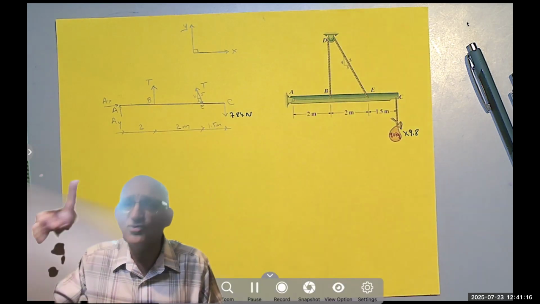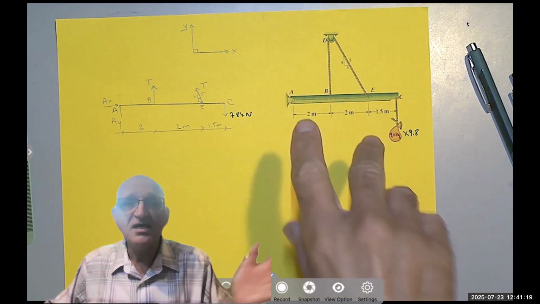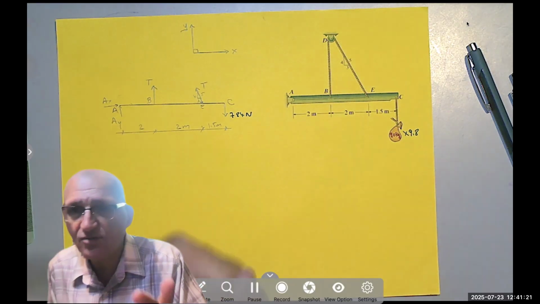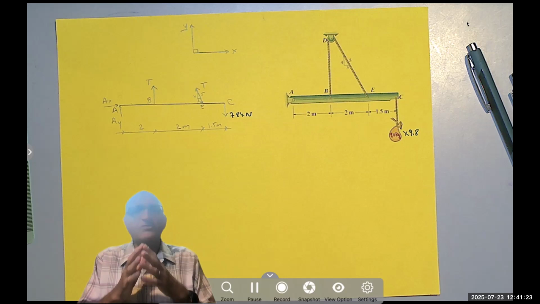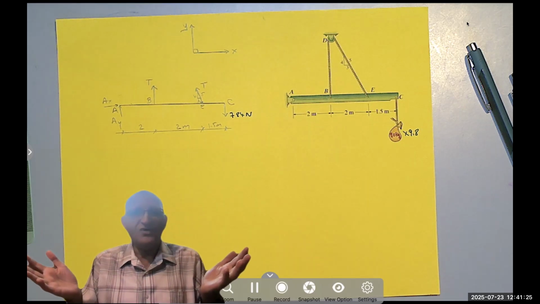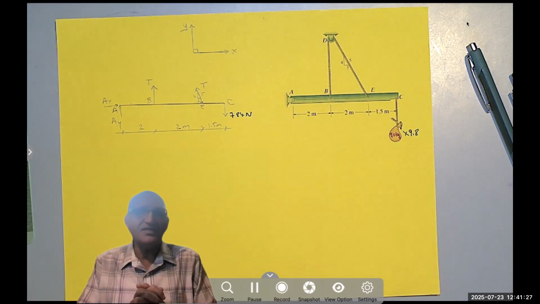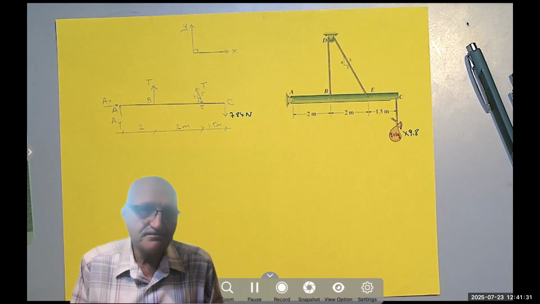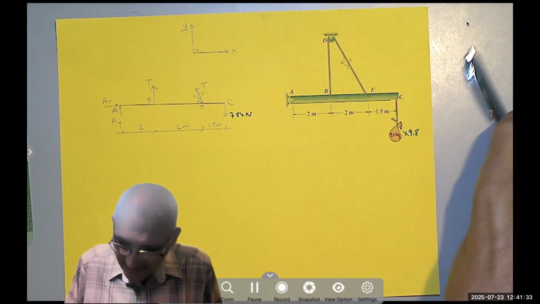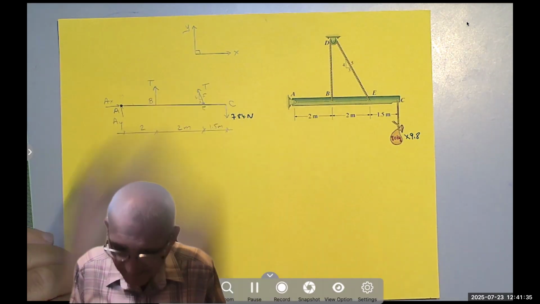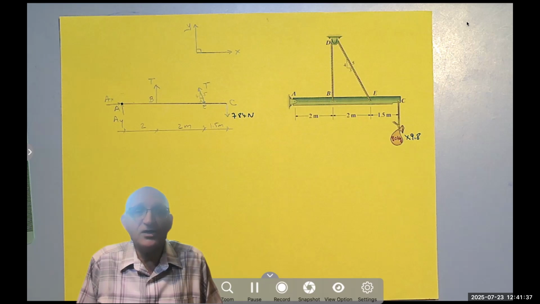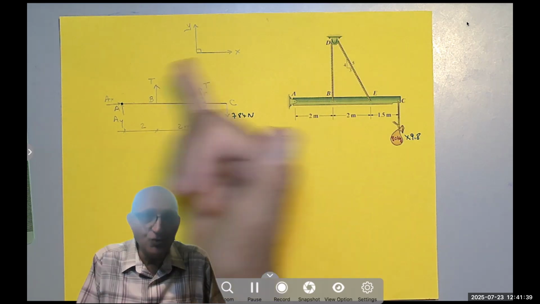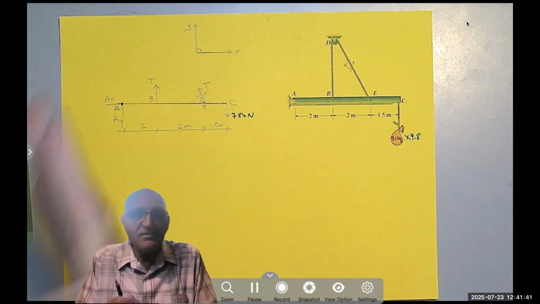Yes, you can have three equilibrium equations and three unknowns and solve them simultaneously, but why would you do that? It doesn't make sense. So you have to think a little bit. If I take the moment about point A, I can solve for T right away. T is the only unknown. Yes, I have two T's, but it's the same unknown.